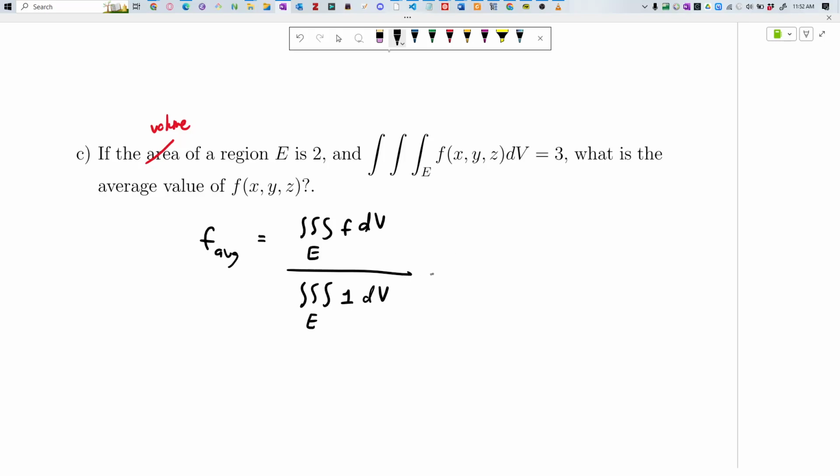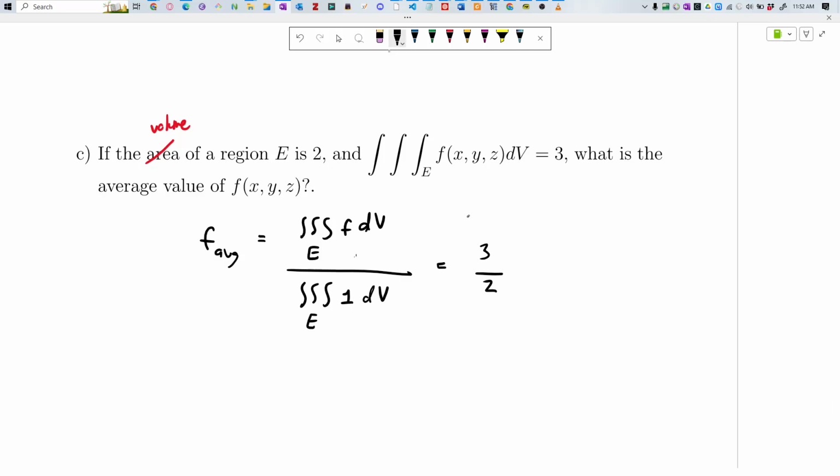Okay, so this is the definition for the average value of the function over a region E, and you're given that the volume of the region E is 2. That is the denominator here. And you're given this triple integral's value. It's 3 there. So that's all you need to do, really.